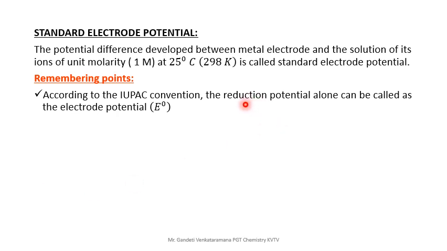Generally, reduction potential can be called electrode potential. Electrode potential is represented by E naught. So electrode potential indicates reduction potential according to the IUPAC convention.